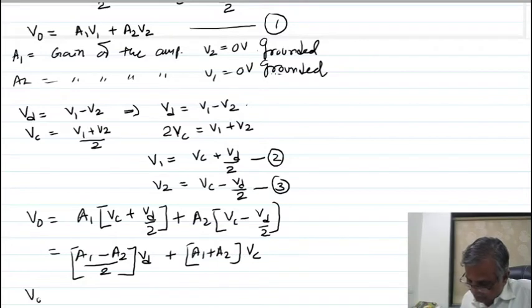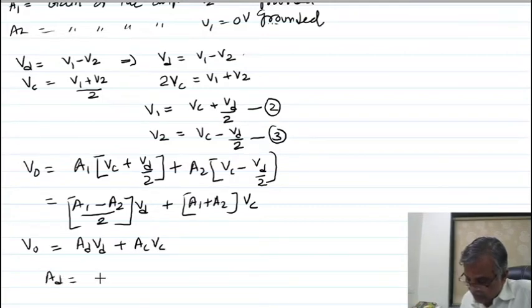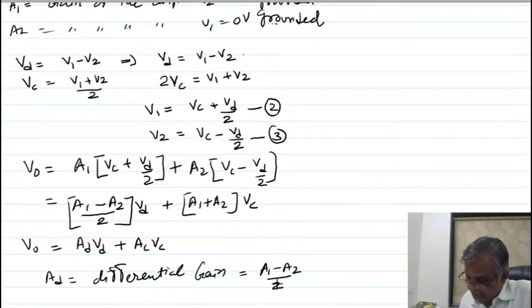So the output of the differential amplifier is ADVD plus ACVC, where AD is your differential gain, which is A1 minus A2 by 2. You know what A1 is, already I have mentioned.